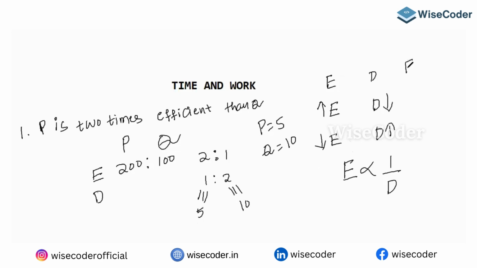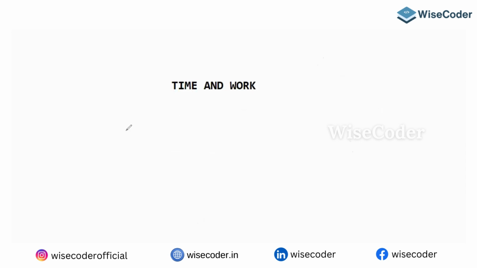If efficiency is in the ratio 1 is to 2, then days will be in the ratio 2 is to 1. If efficiency is in the ratio 2 is to 5, days are in the ratio 5 is to 2. So this point you need to understand. So what I want to tell you is efficiency is inversely proportional to number of days. So you will encounter these types of situations.